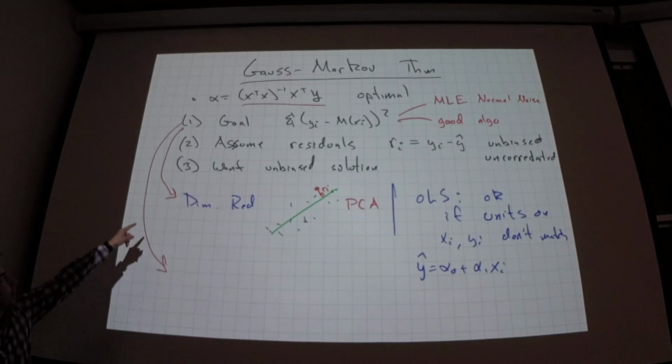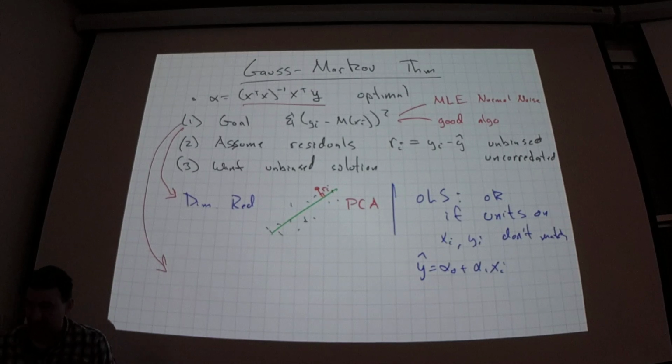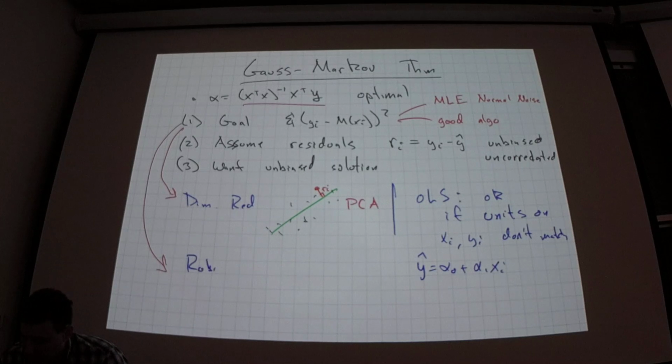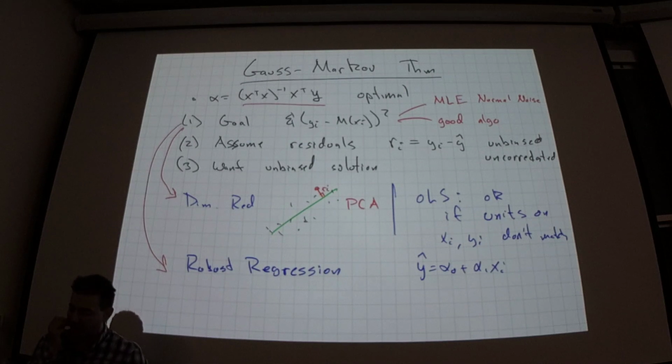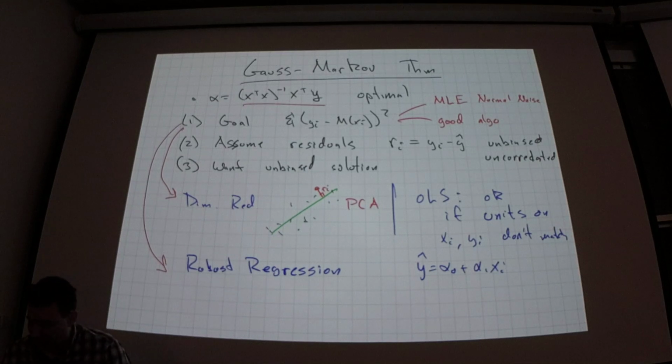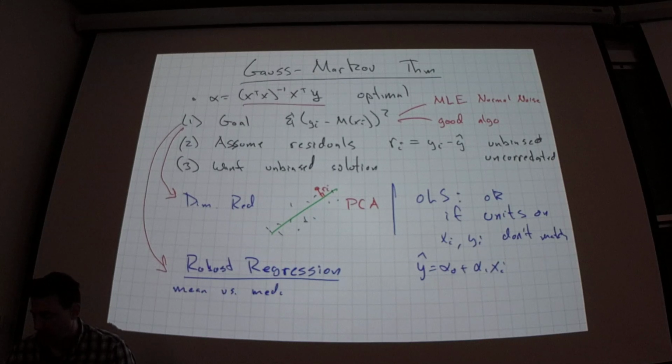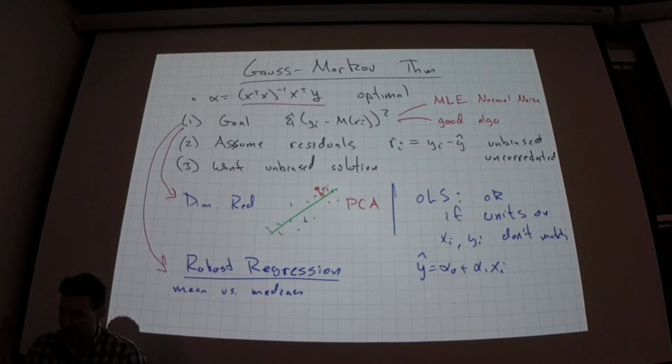Okay, the other thing I could do is, there are these forms of robust regression, and we'll talk more about outliers later, but these try and handle outliers the same way as the mean versus the median of a data set.